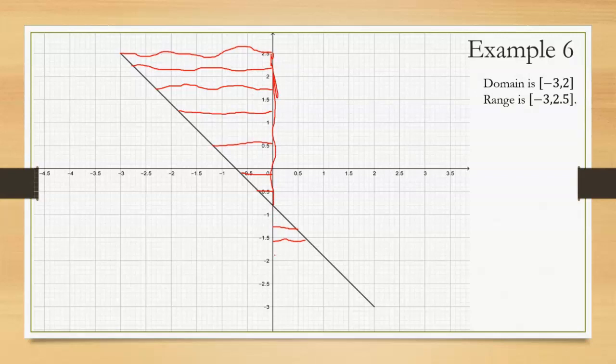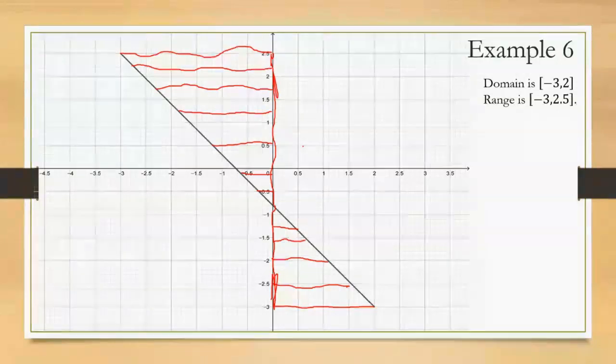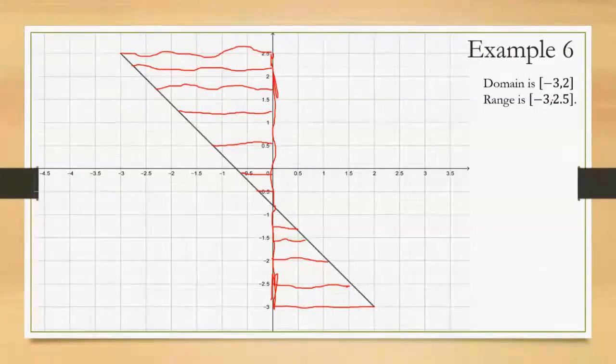Now we're going to be below it, all the way over to -3, right? So in other words, we're going to include this part. So the range is going to be from -3 up to 2.5. Smaller numbers on the left when you write the interval, -3 to 2.5, as you can see. Hopefully you can see.